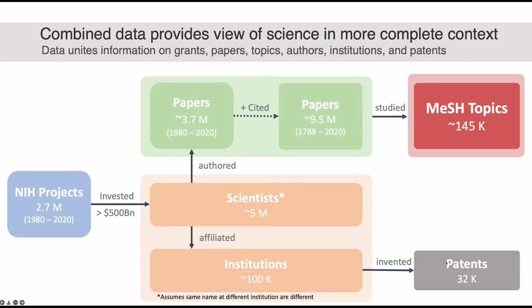And we also, just for fun, collected any patents that were granted to institutions as a consequence of those projects. So what you're looking at here from a data perspective is the complete picture of the scientific universe, at least within NIH's scientific universe, from 1980 to 2020: the grants, the scientists, the institutions, the papers, the topics, the patents, all of it.